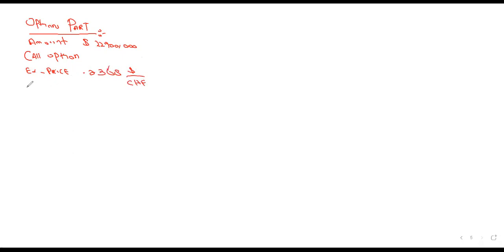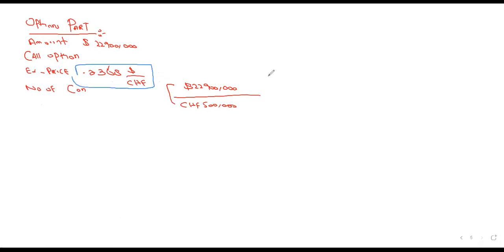Now, number of contracts, amount, contract size, 5 lakhs. Again, these are not the same. Now, here, you have to divide with the exercise price.